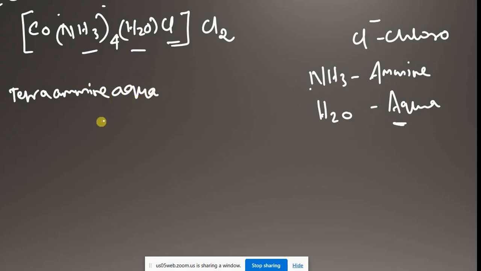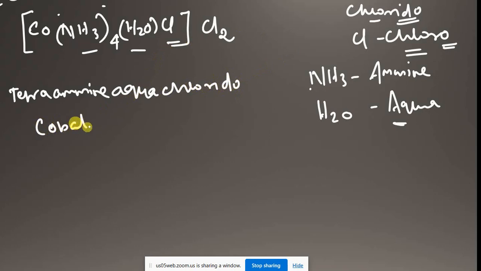Mono aqua, no need to mention mono. So you can write just tetraamine aqua. And here this can be written as chloro or chlorido, both are right. Ido we can add or o we can add. Next, what is the central metal atom?